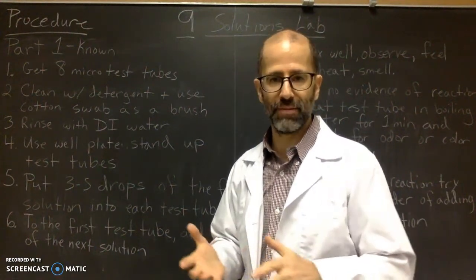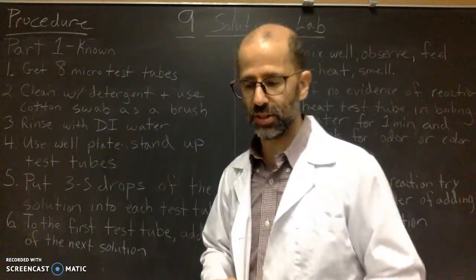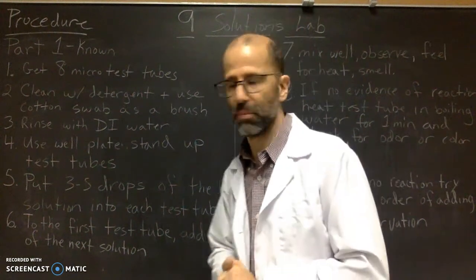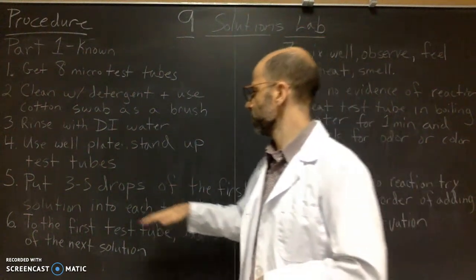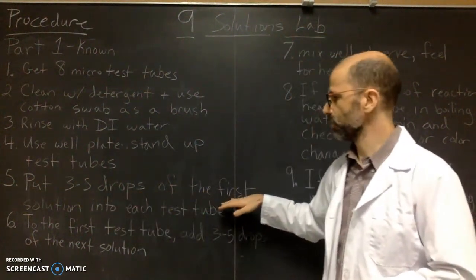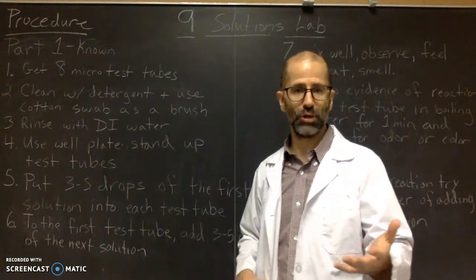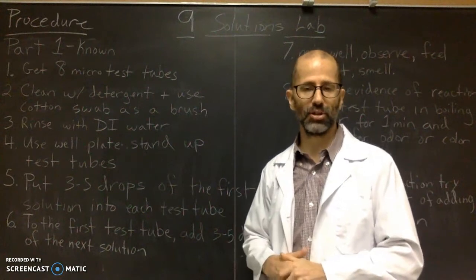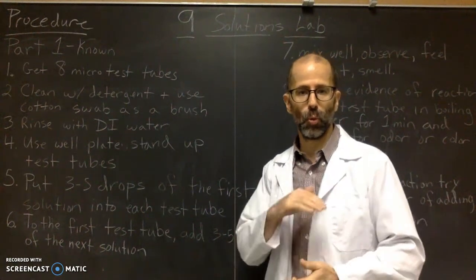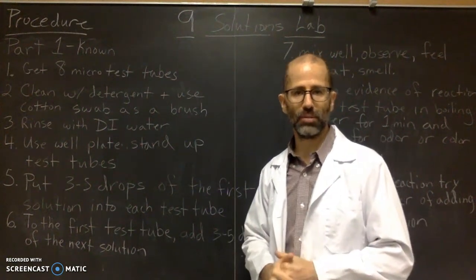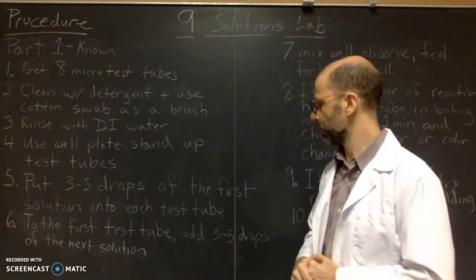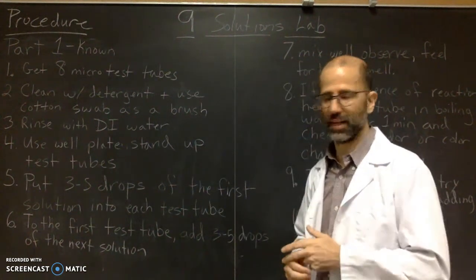So you should already have that set up. But just to give you an idea, I'll show you mine in a moment. So you're going to put 3 to 5 drops of the first solution into each of the test tubes. And I've told you in the previous video what your first substance is going to be. And I'll go over that again.